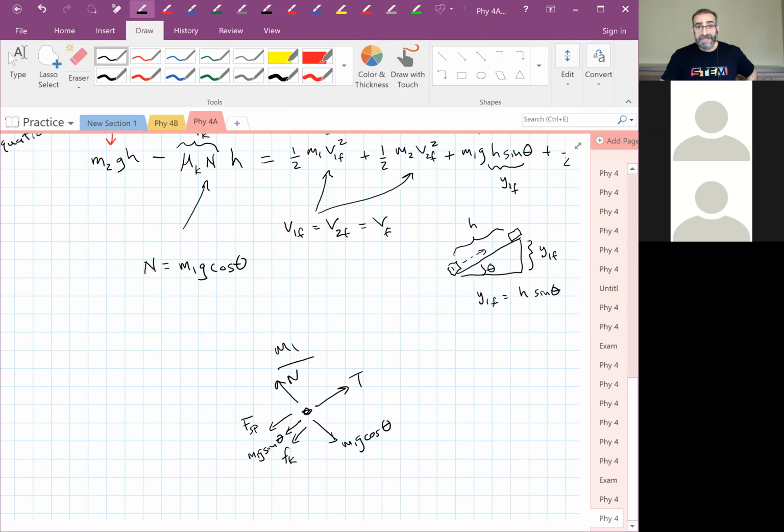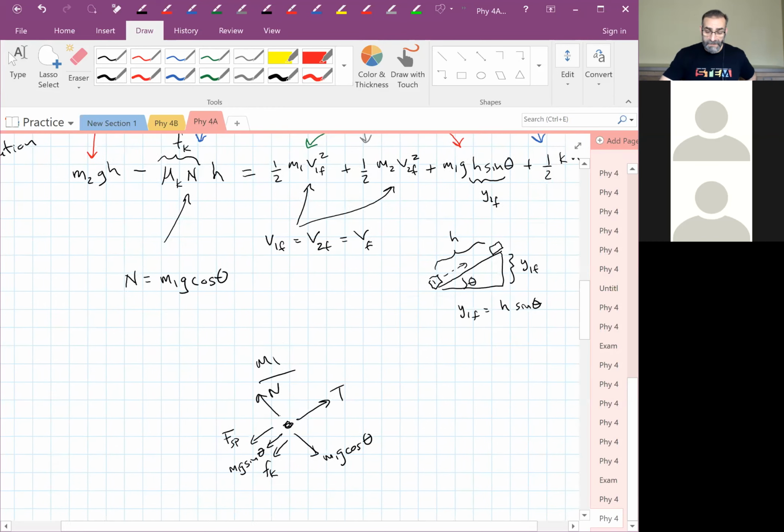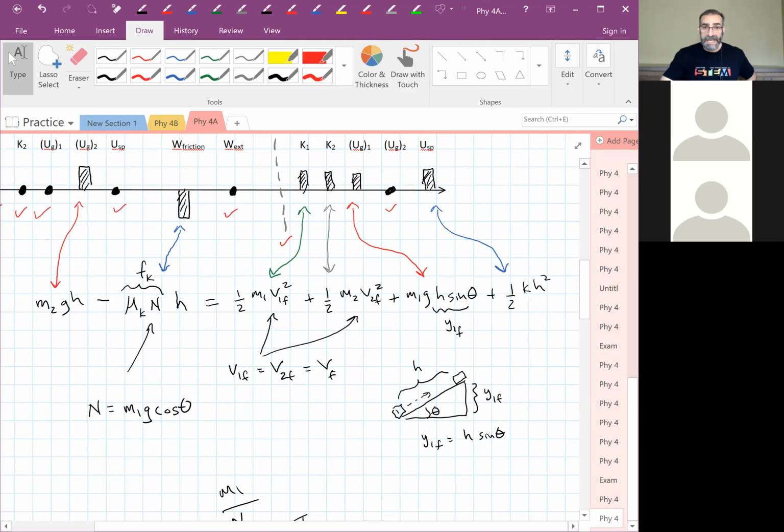Spring potential energy is always positive, 1/2 kx squared. And if we did the work done by the spring as an external force, which we will do next, then you'll see you have to decide whether it's doing positive work or negative work. But we will do that next. That's a good lead in to where we're going.